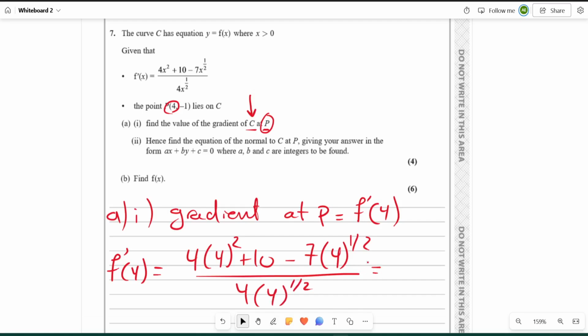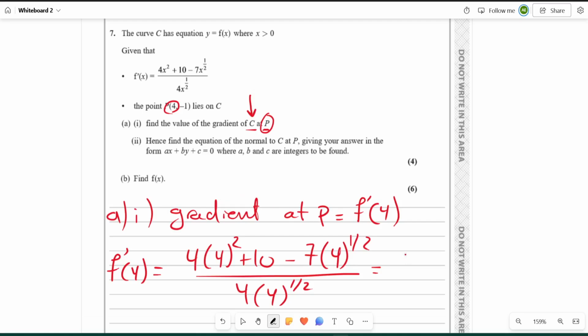If you plug that in the calculator, it should give you an answer of 15 over 2.